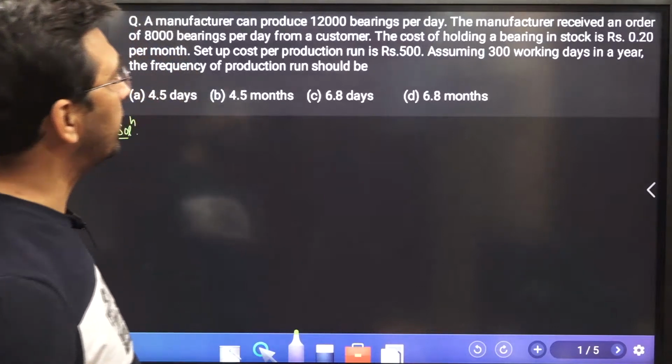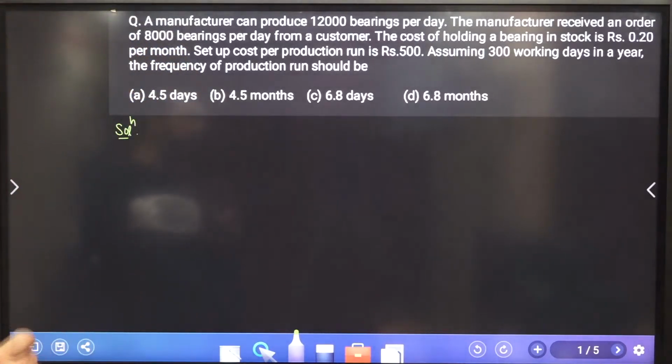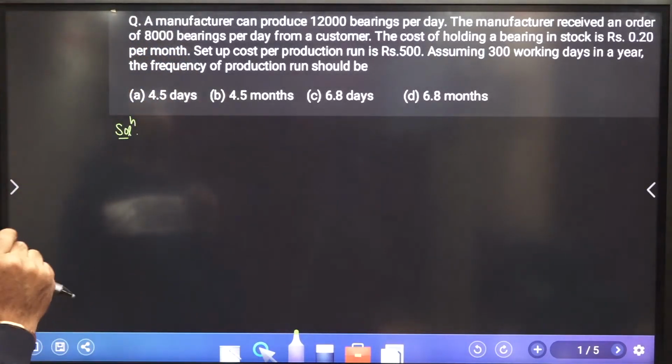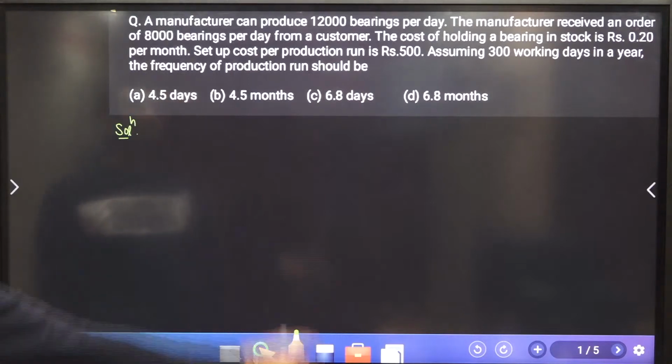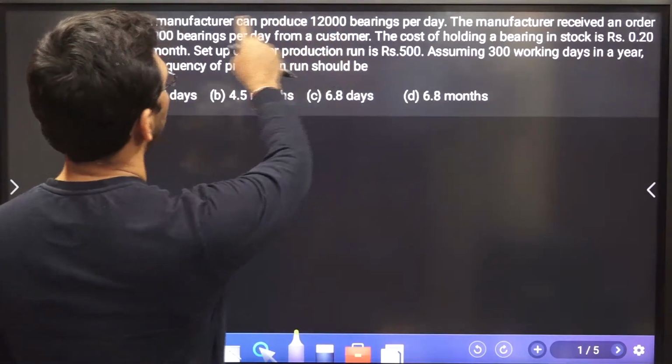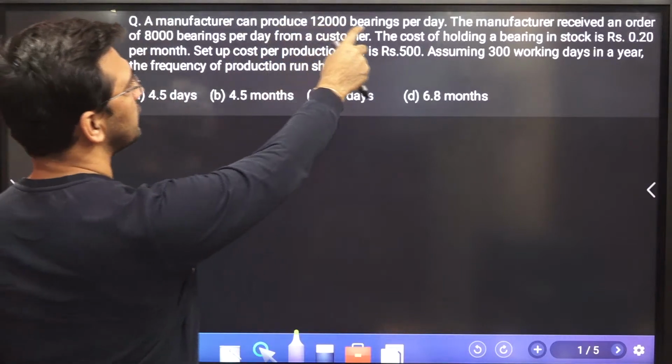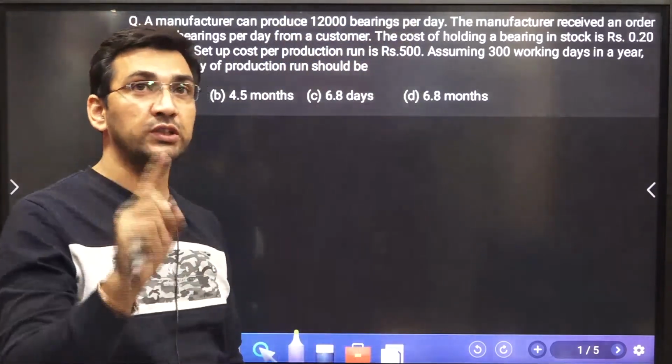If you see over here, it says the manufacturer received an order of 8,000 bearings per day from the customer. Holding cost and setup cost have been given to you. But at the same time, he has also given you the production rate: a manufacturer can produce 12,000 bearings per day.